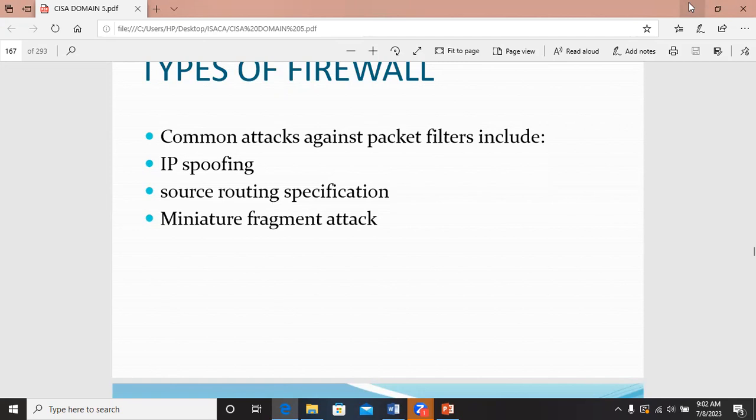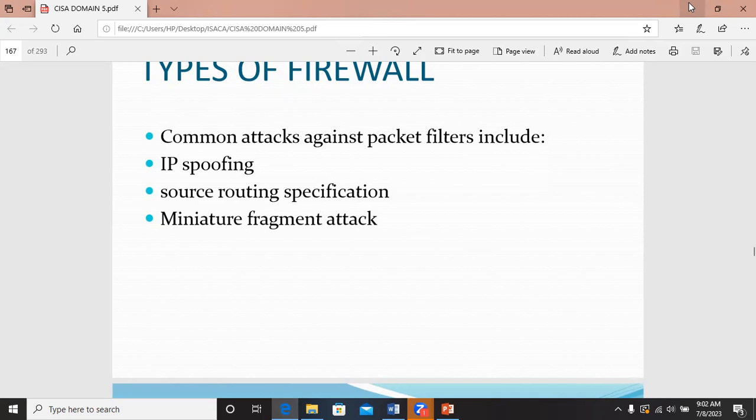Another one is source routing specification. All right, so this one is done by an insider. So you know the path that the packets have to pass through to meet the firewall, so they will divert it. So they will change the path of the packet so that it will circumvent the firewall.